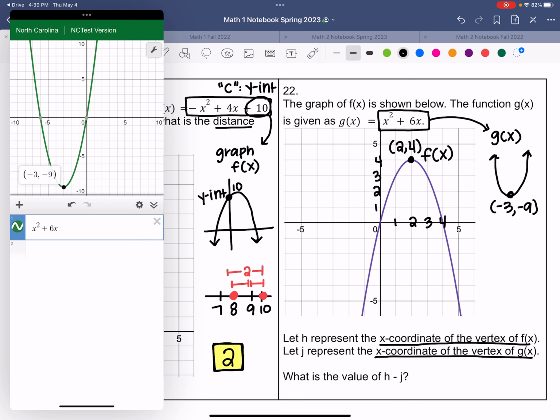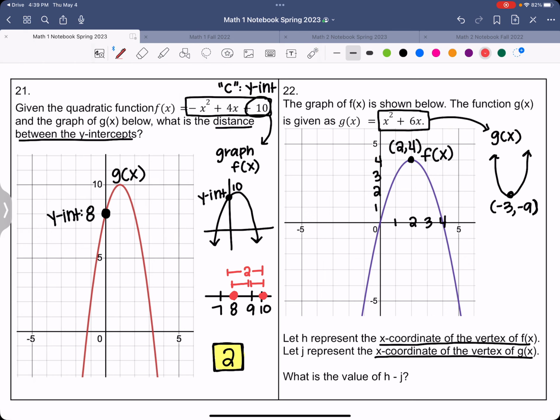Okay, so it says let h represent the x-coordinate of the vertex of f of x. So of f of x, of this one here, let h be the x-coordinate. Let me do a little h, keep it consistent. And then it says let j represent the x-coordinate of g of x.